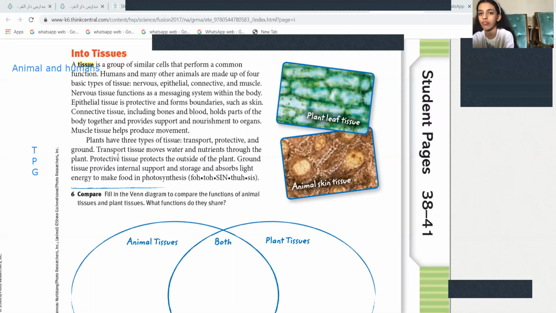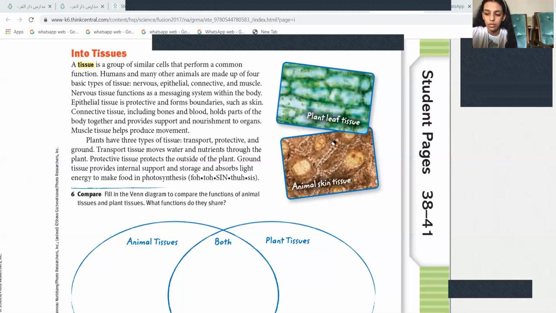When I say protective, it protects the outside of the plant. When I say ground, it helps the internal support. The internal stem inside, how it absorbs the light, how it stores the light, and how it makes the food, everything. So TPG, that is transport, protective, and ground.